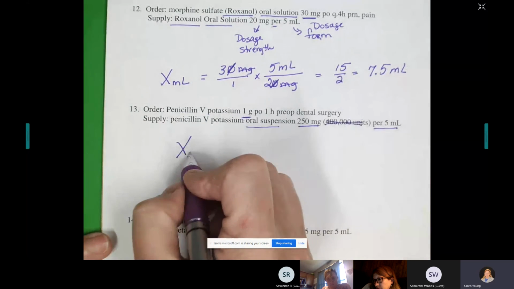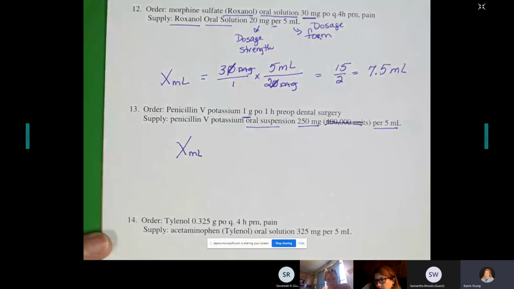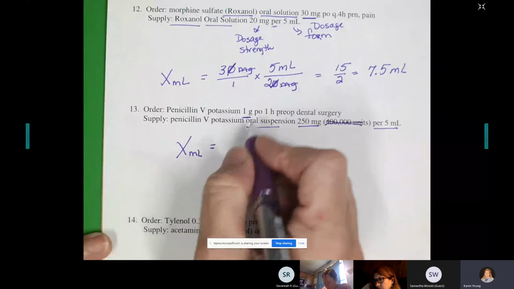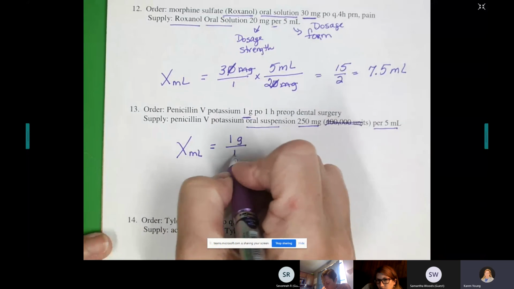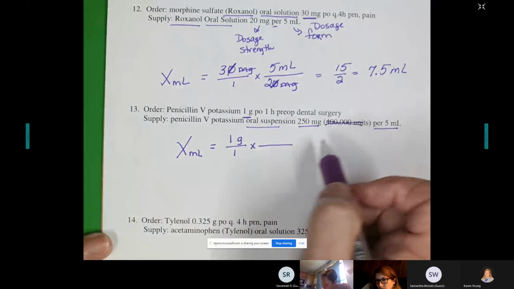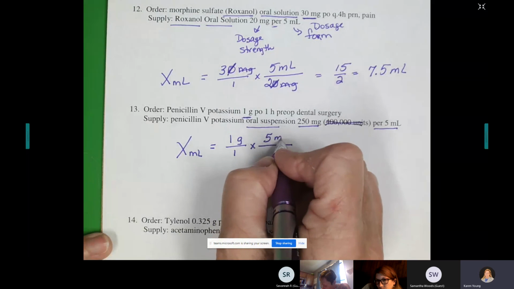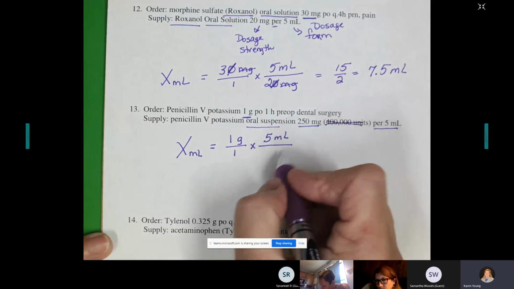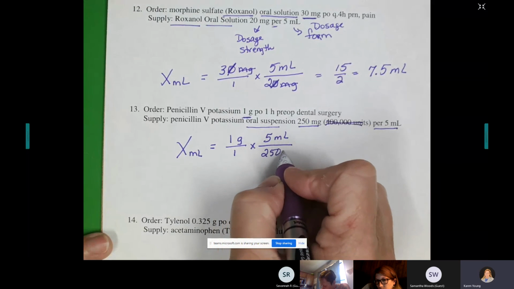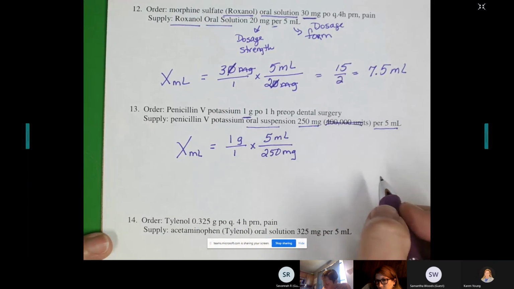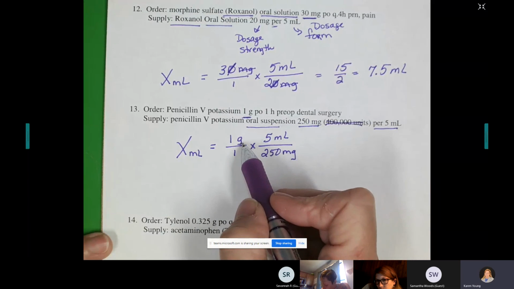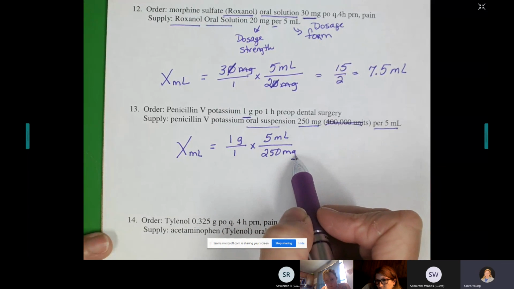So since this is an oral suspension, I'm going to be looking for the number of milliliters. I have 1 gram is my order. And then my dosage form again is my 5 milliliters. My dosage strength is my 250 milligrams. I have grams and I have milligrams.